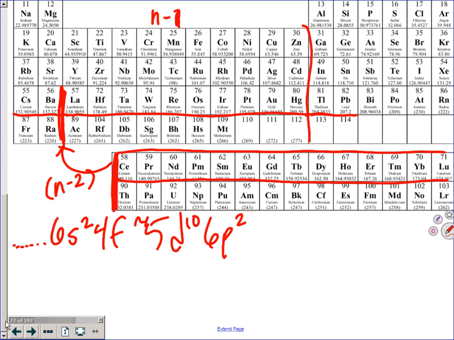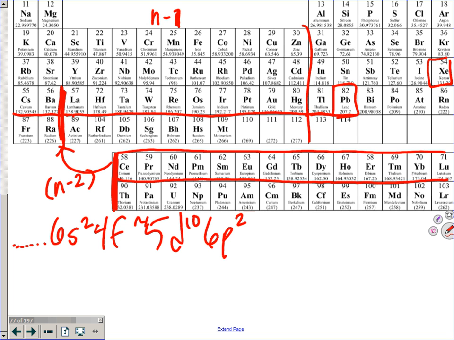So what do I do if I'm backing up to the last noble gas? This is lead, right? Who's the last noble gas it passed? Xenon. Yeah, because you back up to the last noble gas you passed, which is xenon. I've done this on purpose because I wanted to show you how this looks.